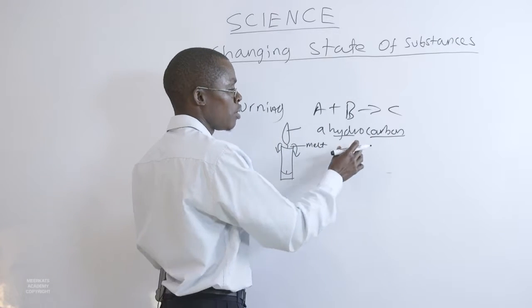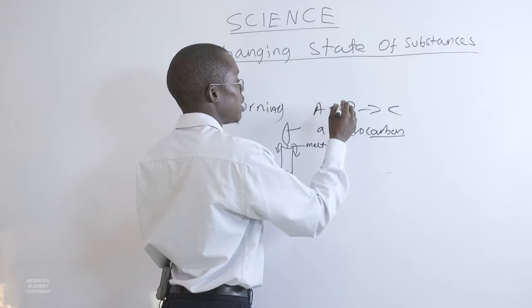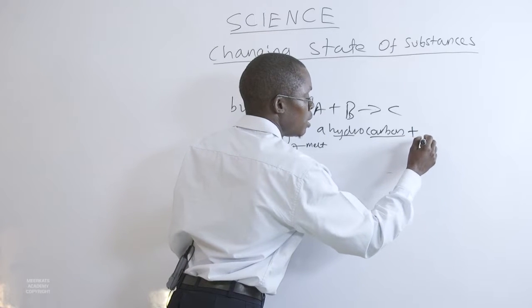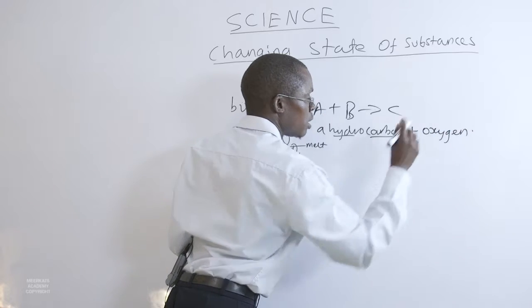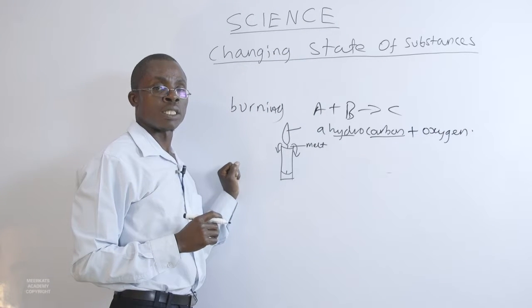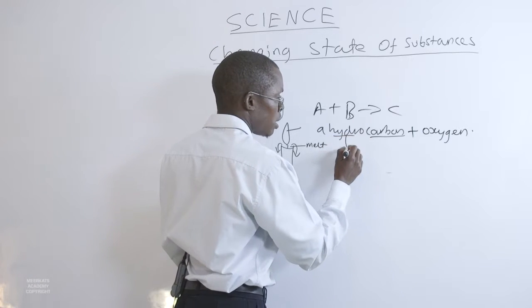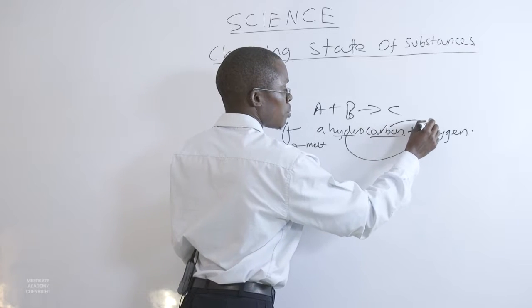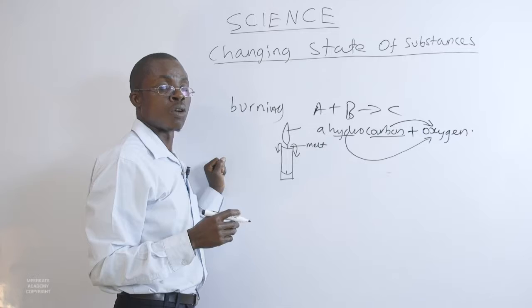So if I have carbon and hydrogen and I'm doing the burning in air, this hydrocarbon is combining with the air, and in the air we are interested in oxygen gas. So because of that, the hydrogen part takes part of oxygen, and the carbon part takes part of oxygen to form new substances or compounds.